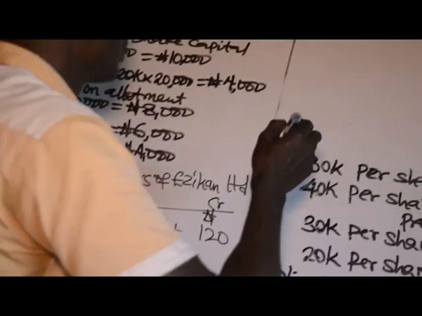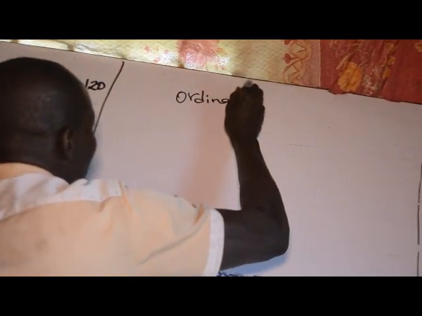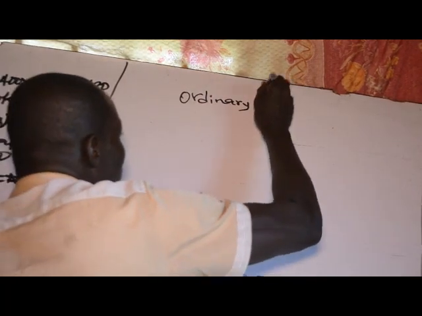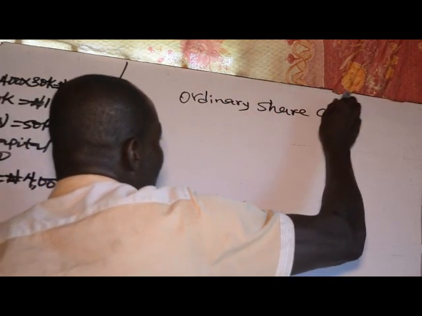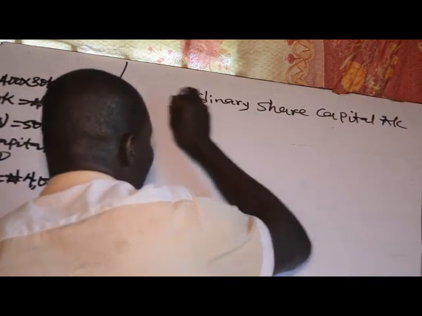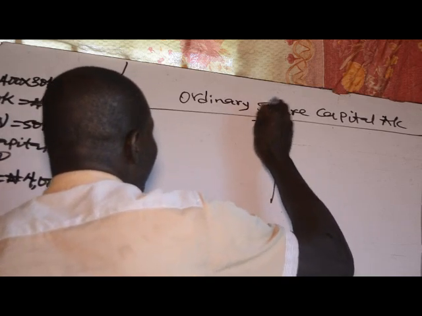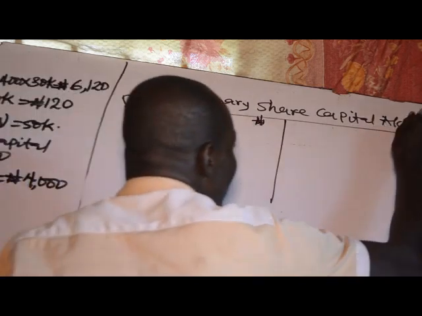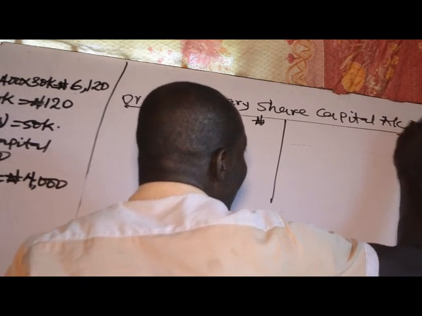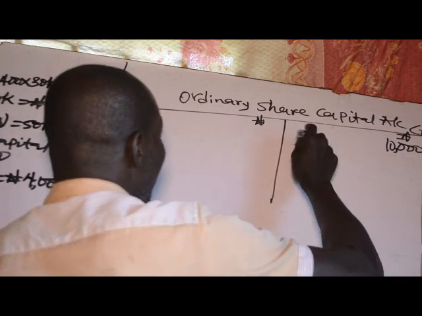So you open the ordinary share capital account. Since we've debited the application and allotment account, with the 10,000 you are going to credit the ordinary share capital account.